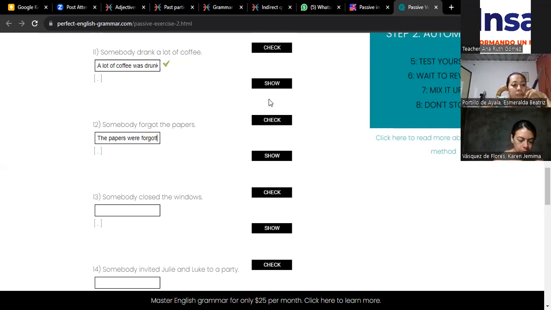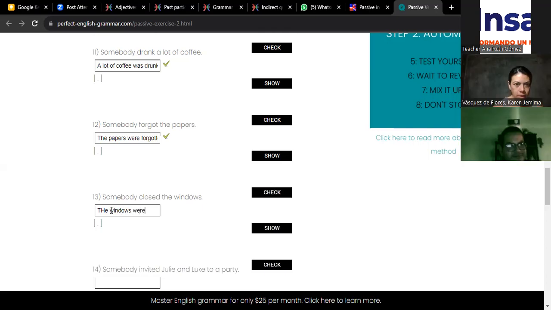Forgotten. Yes. The windows, like this. Sometimes I miss the windows. Were closed. Were closed. There you go. Yes.